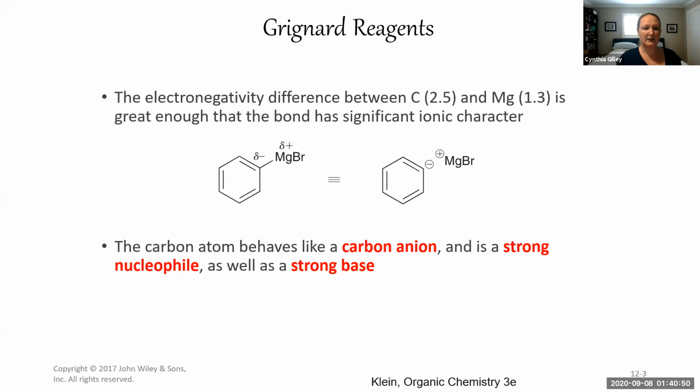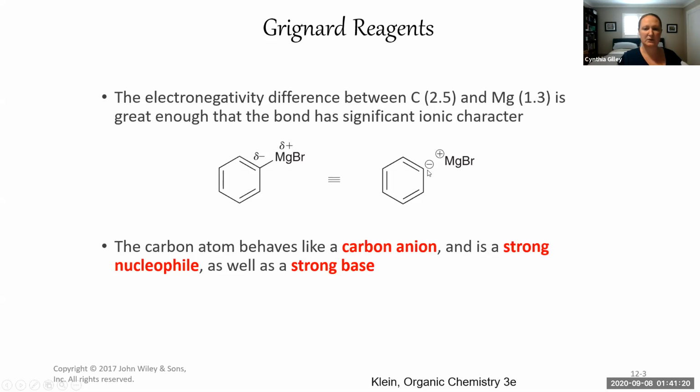If you look at the electronegativity difference between carbon and magnesium, the difference is about 1.2, which is pretty high. That means that the carbon-magnesium bond is definitely polar covalent, and it has quite a bit of ionic character. So sometimes the Grignard reagent is drawn with a line or a bond between carbon and magnesium, which is like drawing it as a polar covalent bond.